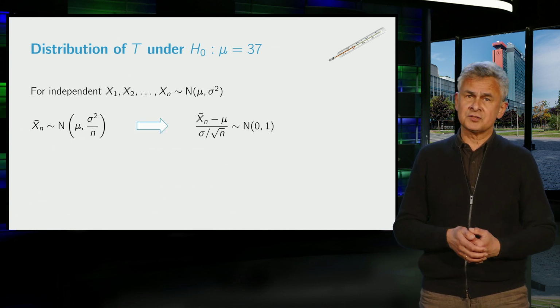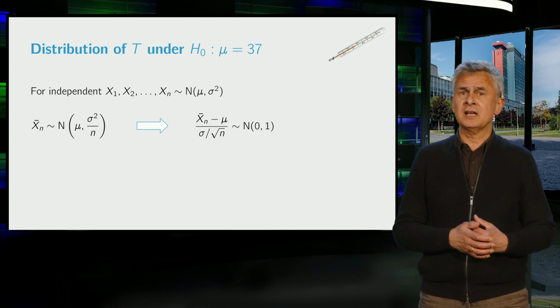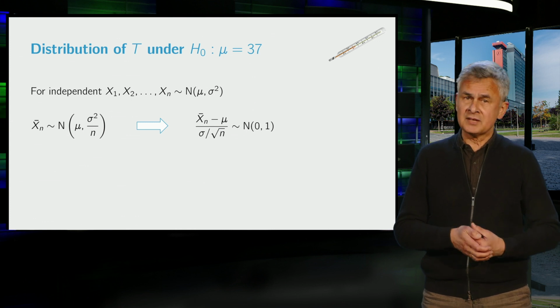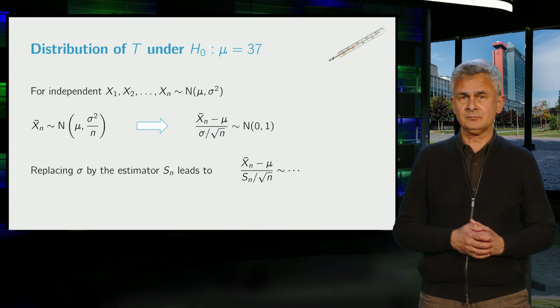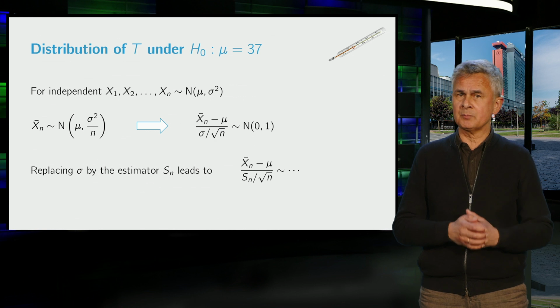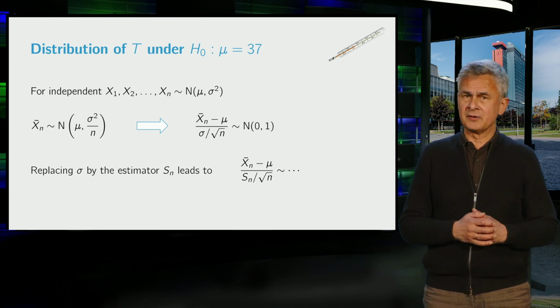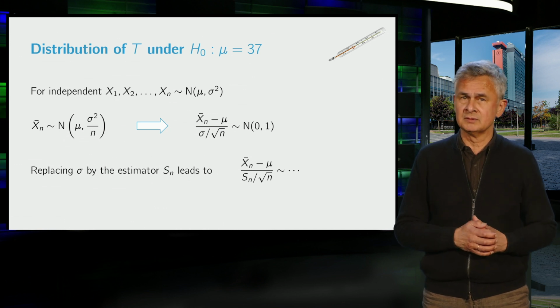This means that if we standardize x bar by subtracting its expectation and dividing by the square root of its variance, the standardized random variable has a standard normal distribution. Our test statistic is of this form, but with sigma replaced by Sn. The distribution of this random variable will no longer be standard normal, but something else.